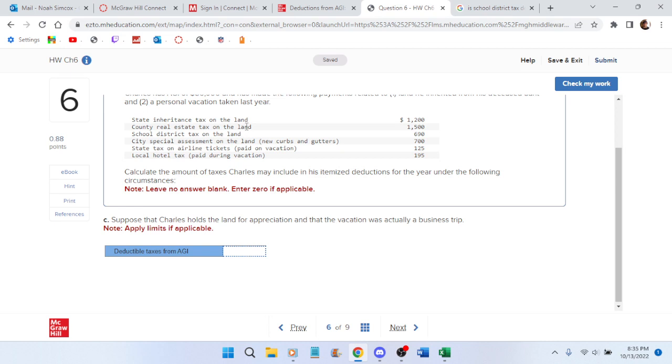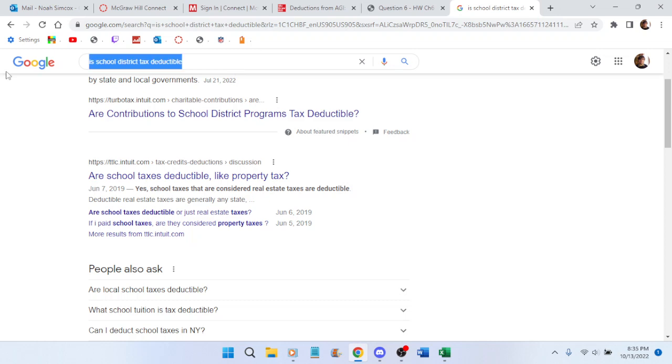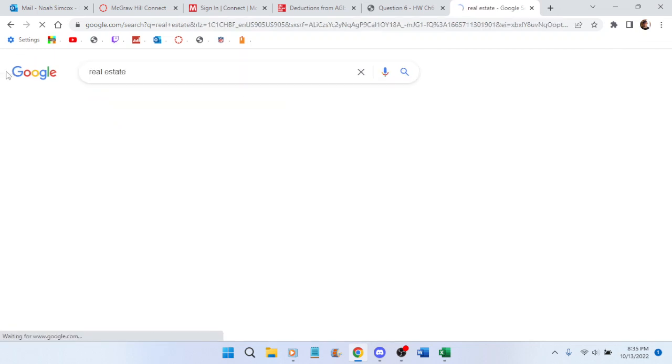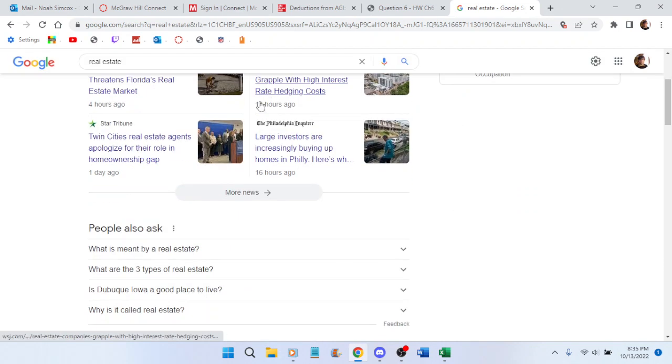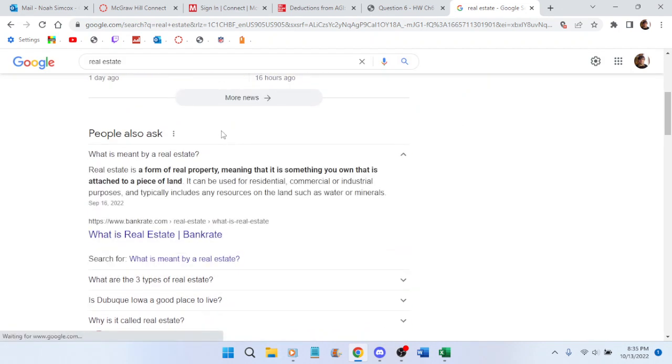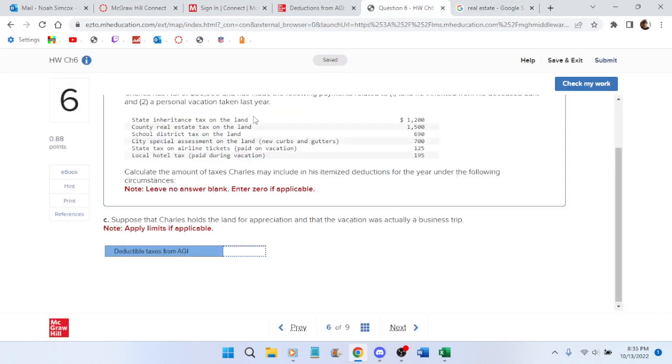Real estate is land. That's what land is. That's just a synonym for land. See, look, it says something you own that is attached to a piece of land. So every single land tax should be counted toward it. This is stupid. My God. This is stupid.